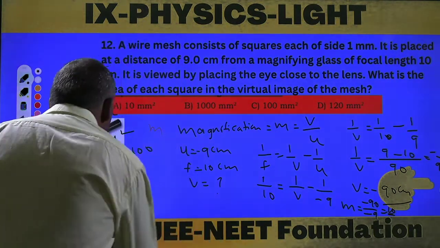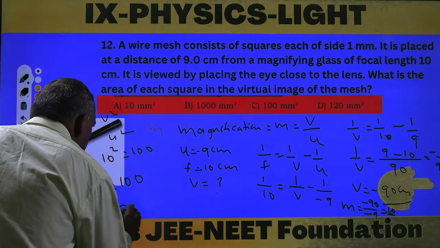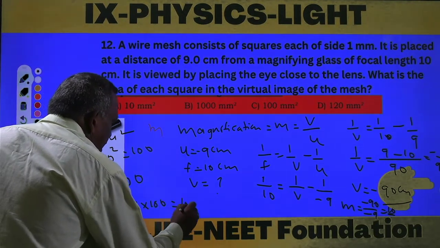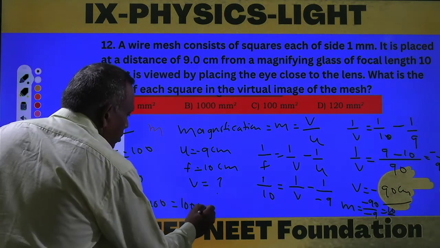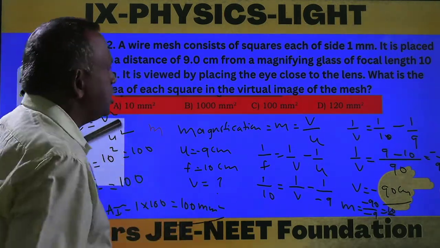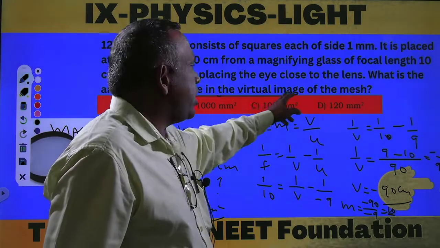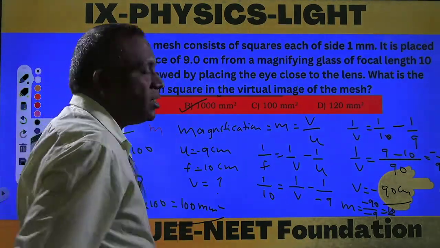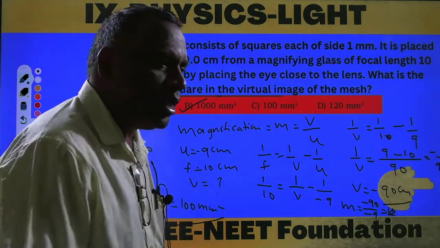Then area of the image is 1 mm square into 100, that becomes 100 mm square. This is the area of each square in the virtual image. So 100 mm square.